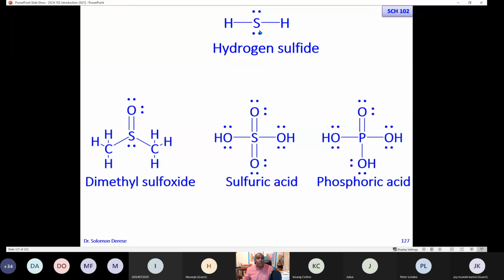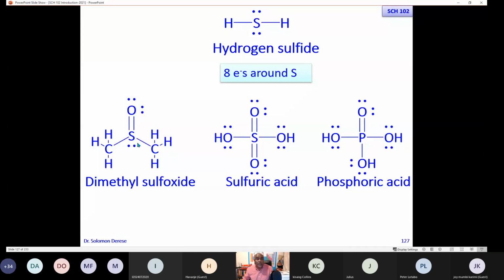Those are 4 electrons. And then the same sulfur has formed 2 covalent bonds with 2 hydrogens. So when you count the total electrons surrounding the sulfur, you will see there are 8. So you have 8 electrons around the sulfur, obeying the octet rule.